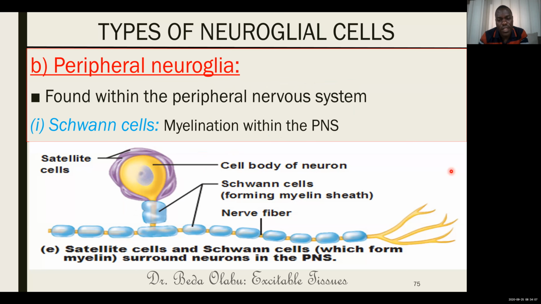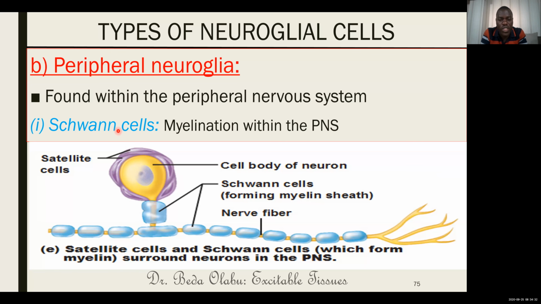Schwann cells are like oligodendrocytes in terms of function, in that they form myelin sheath within the peripheral nervous system. Remember, oligodendrocytes form the sheath within the central nervous system. These ones form myelin sheath within the peripheral nervous system.